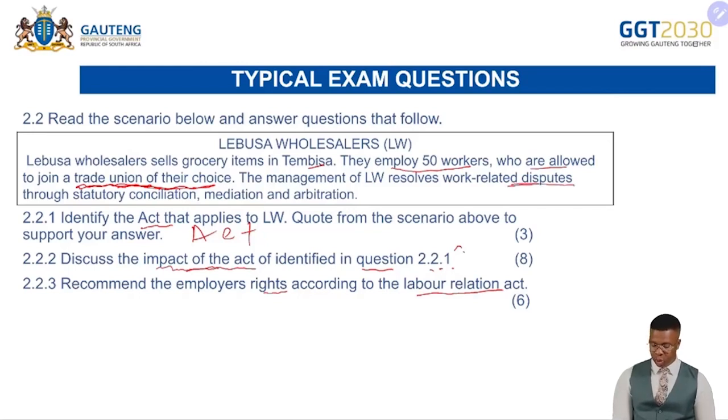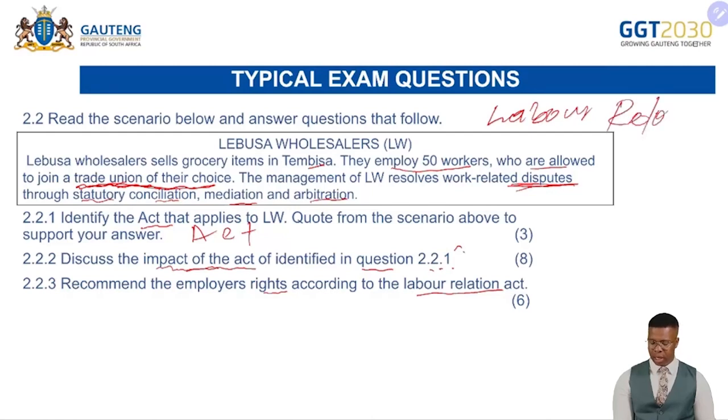So the key words there should be the word dispute, the word trade union, and then when you're looking into your statutory conciliation and mediation together with arbitration, those are keywords, and they talk to only one act, and that act talks about the relationship between the employer and the employee, which is the labor relations.